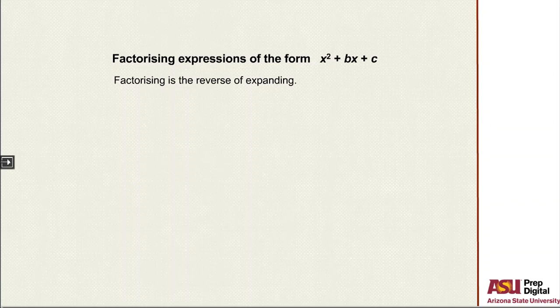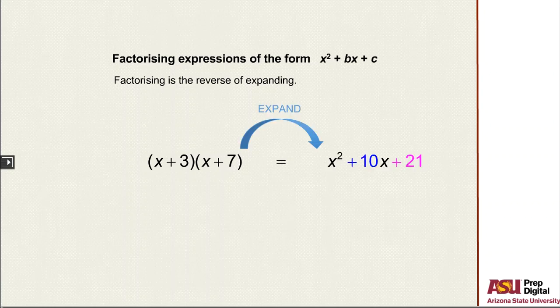Just to review, factoring is the reverse of expanding. So if we have this expression where we have x plus 3 times x plus 7, we would expand or use the distributive property in order to write this form. X squared plus 10x plus 21.